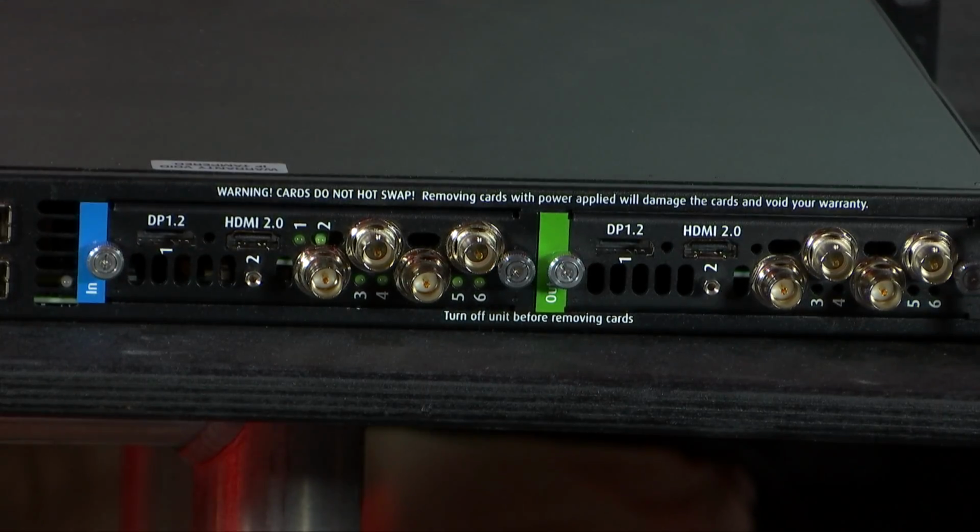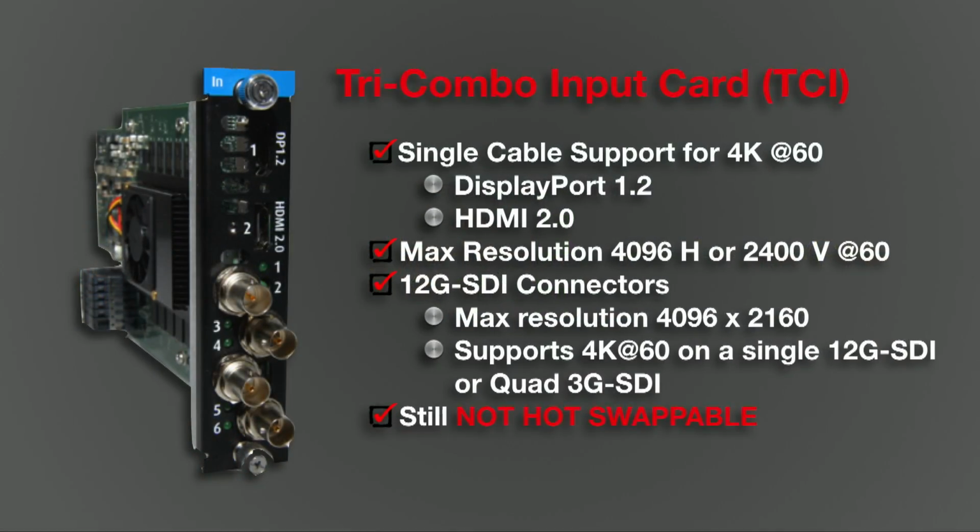Anyway, let's look at the specs for the TCI card. The tri-combo input card has single cable support for 4K at 60 with the DisplayPort 1.2 input as well as an HDMI 2.0 input. They also have a max resolution of 4096 horizontal or 2400 vertical at 60. Explain that a little more.